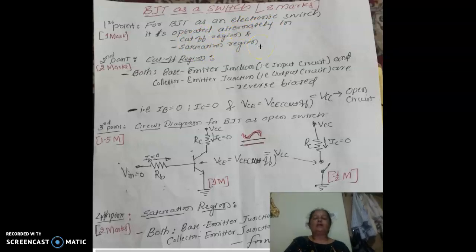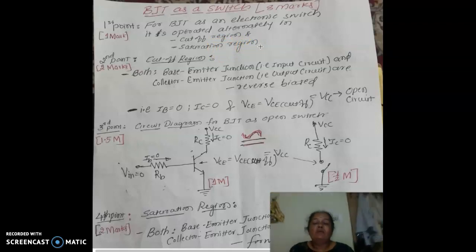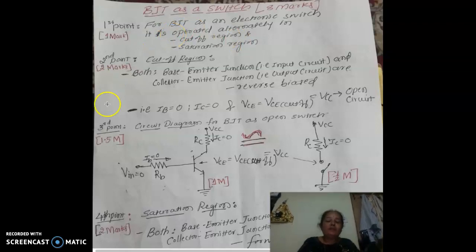Then it acts as a switch. Whenever we want an open circuit, we make the BJT operate in the cutoff region, and if we want to close the switch, we make the BJT operate in the saturation region. So let us first see what the cutoff region is.